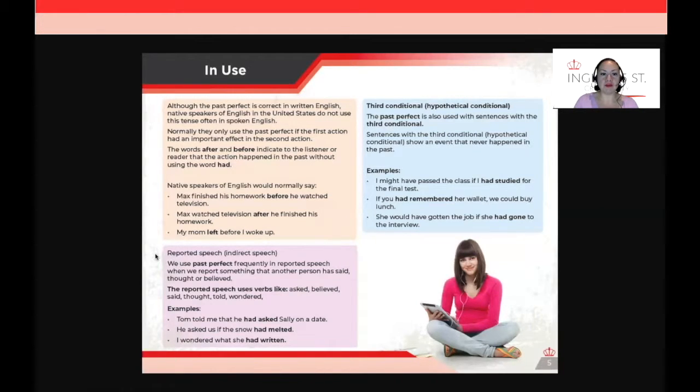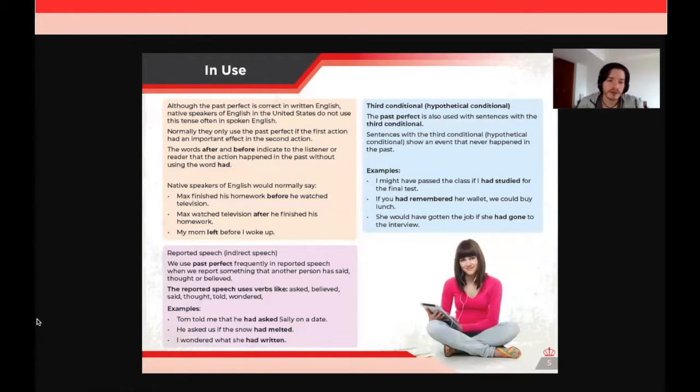Jesus, can you please read the reported speech? Sure. Reported speech, indirect speech. We use past perfect frequently in reported speech when we report something that another person has said, thought, or believed. The reported speech uses verbs like asked, believed, said, thought, told, wondered.